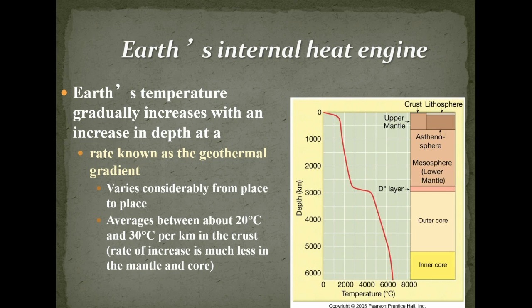It might get hotter faster in some places than in other places. Also, if you start on the top of a mountain drilling down, or you start on a beach drilling down, you're going to get to hotter areas quicker. And it also changes depending on which layer you are on in the interior of the Earth.